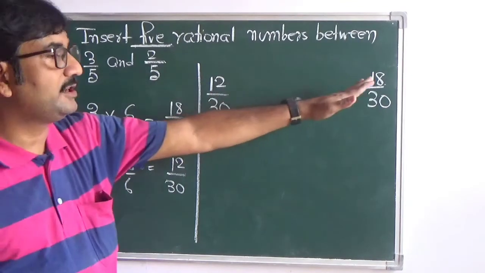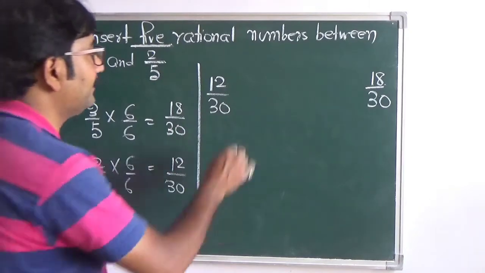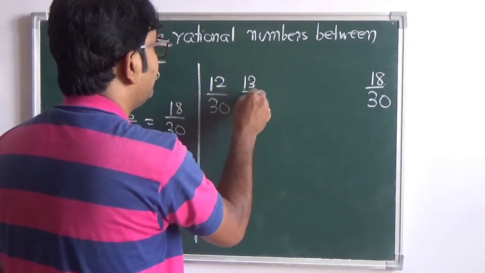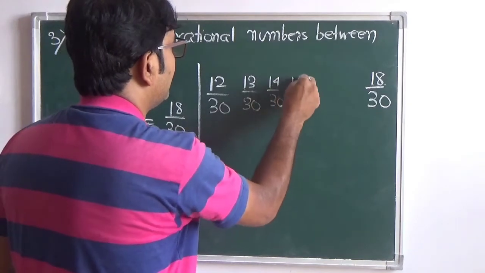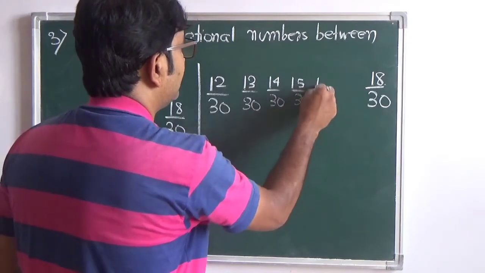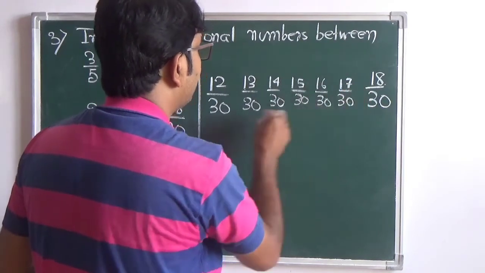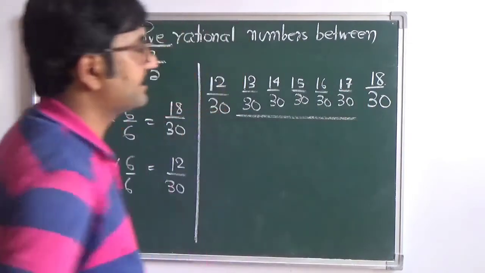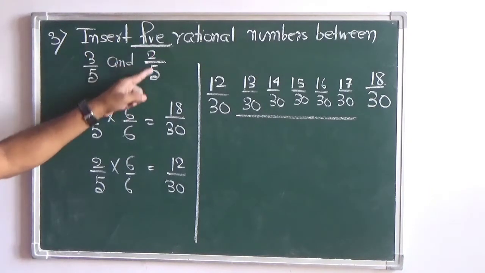Between 12 and 18, what are the numbers? 13, 14, 15, 16, 17. So you write 13 by 30, 14 by 30, 15 by 30, 16 by 30 and 17 by 30. Thereby you got 5 rational numbers between 2 by 5 and 3 by 5.